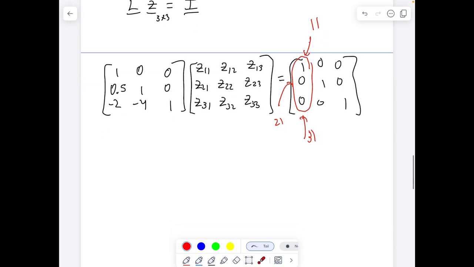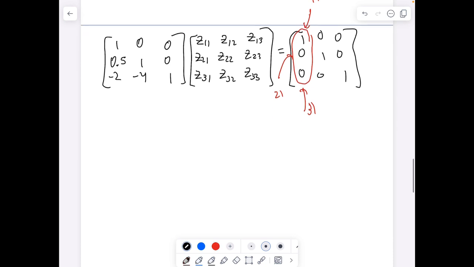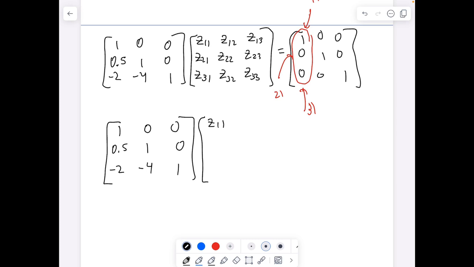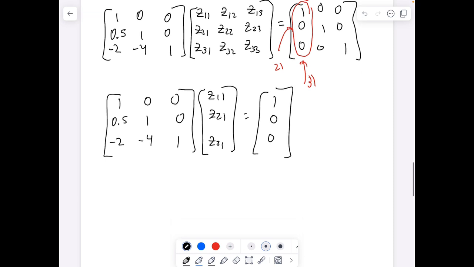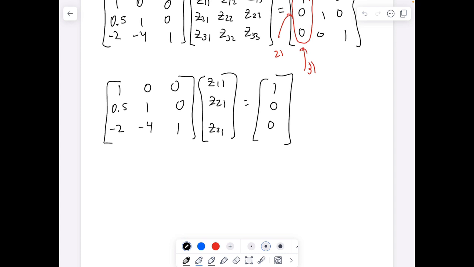So what we can do to rewrite it is write our L out, -4, 1. And we'll just multiply it by the first column of this. And that will give us our first column of I.